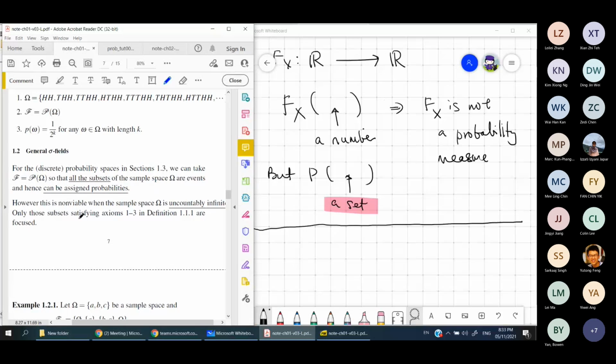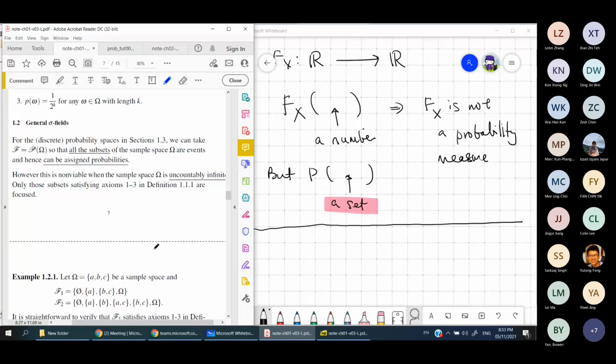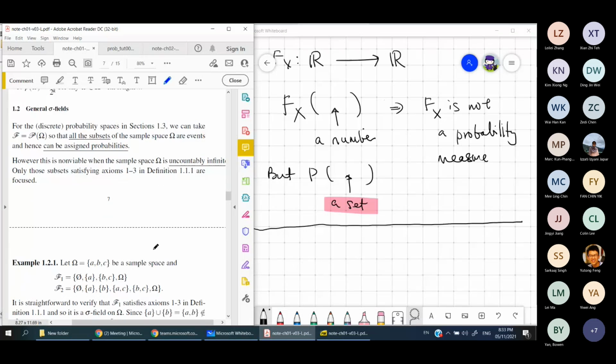Only those subsets satisfying 1 to 3 in Definition 1.1 are focused on. So we only focus on those subsets which fulfill the three criteria in Definition 1.1.1. Only those subsets we call events, right? The reason I mentioned already just now.